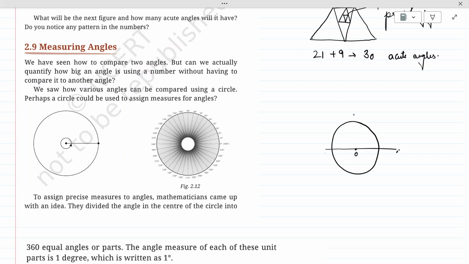Now this is our 90 degree angle. So 0 to 90 are these divisions, and 90 to 180 are the next divisions. 180. Then we have 270 here, and again 360 or 0. Okay, so it completes the 360 degree cycle here.